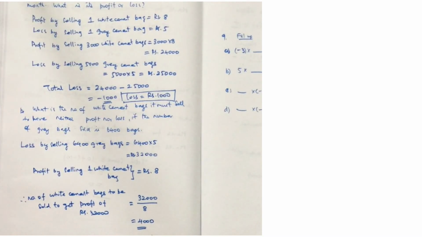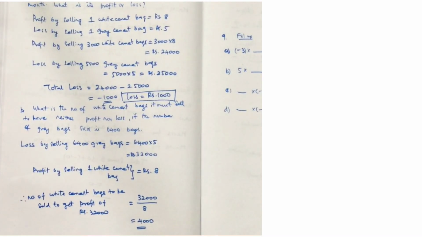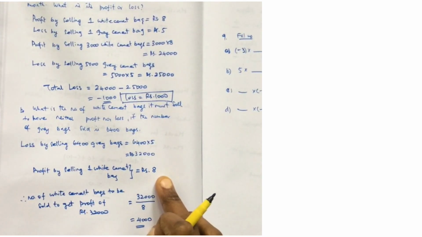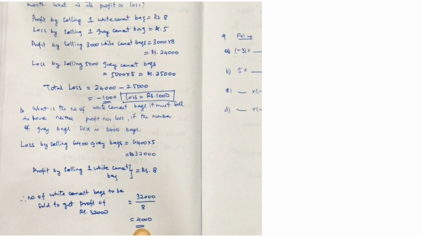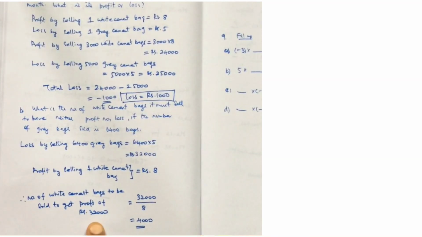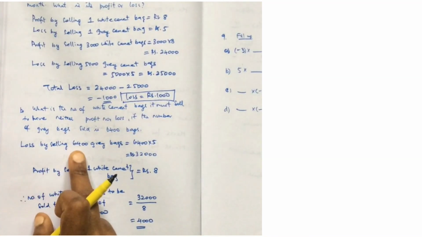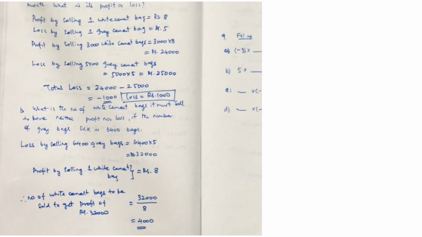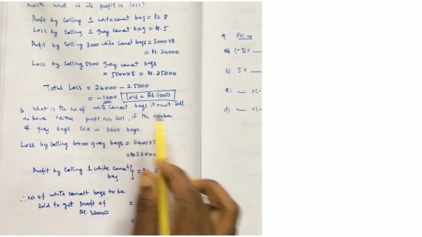You can calculate like this also. For one white cement bag they are getting 8 rupees. If they sell 4,000 white cement bags, they will get a profit of 4,000 multiplied by 8, which is 32,000. So first they have a loss of rupees 32,000, and to compensate this, we calculate how many white cement bags they have to sell.